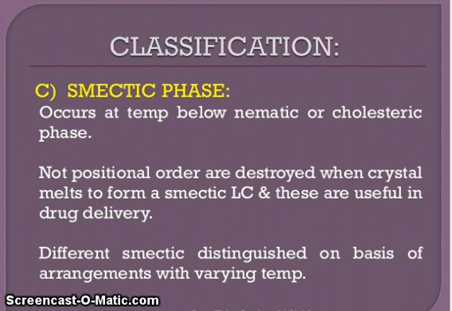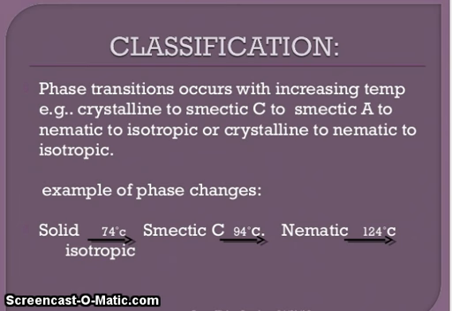So, the smectic phase occurs at a temperature below the nematic or cholesteric phase. Positional order is not destroyed when the crystal melts to form smectic LC, and these are useful in transdermal delivery. Different smectics are distinguished on the basis of arrangement with varying temperature.